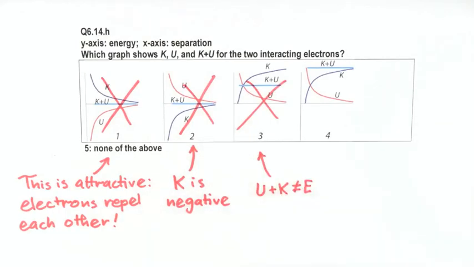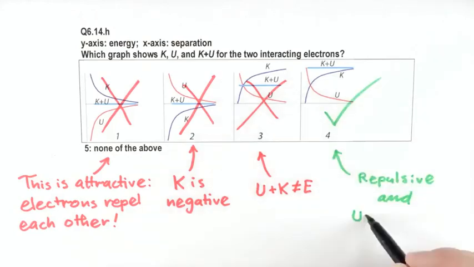The electric potential energy looks right, and the kinetic energy is positive, but the sum, the kinetic plus potential energies, don't add up to give us the total energy. So this is wrong. The correct graph is this one. The electric potential energy is correct, positive for a repulsive interaction, and the total kinetic energy is correctly shown as the total energy minus the electric potential energy.